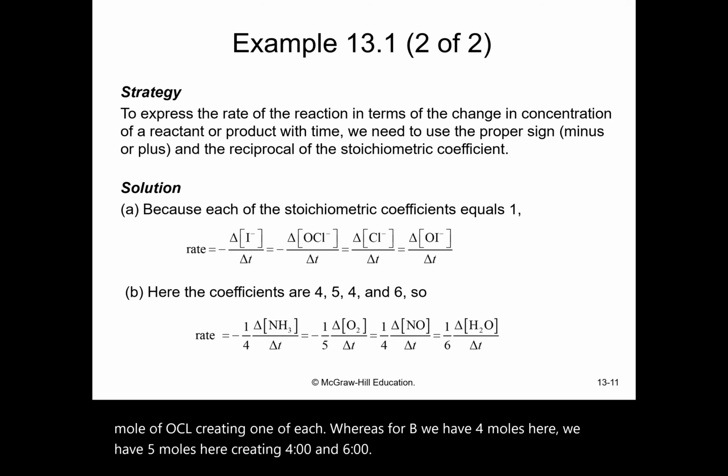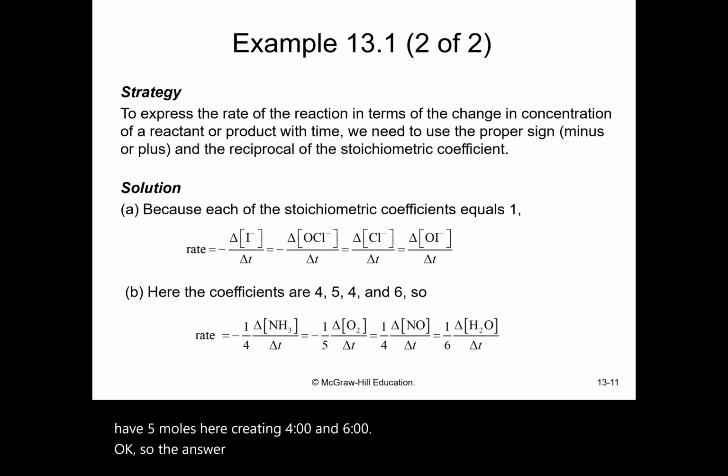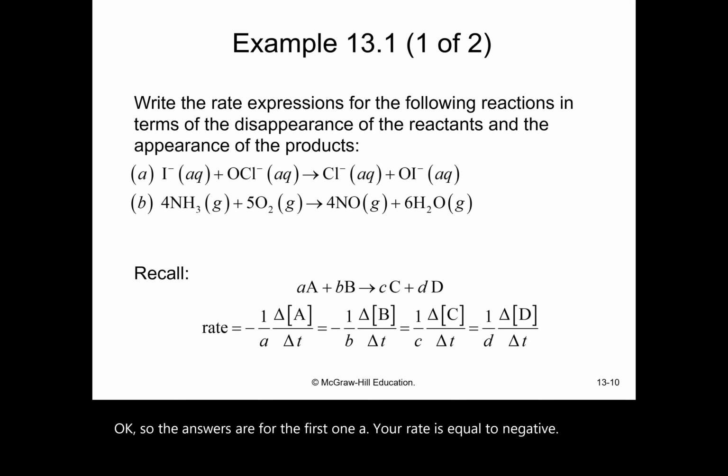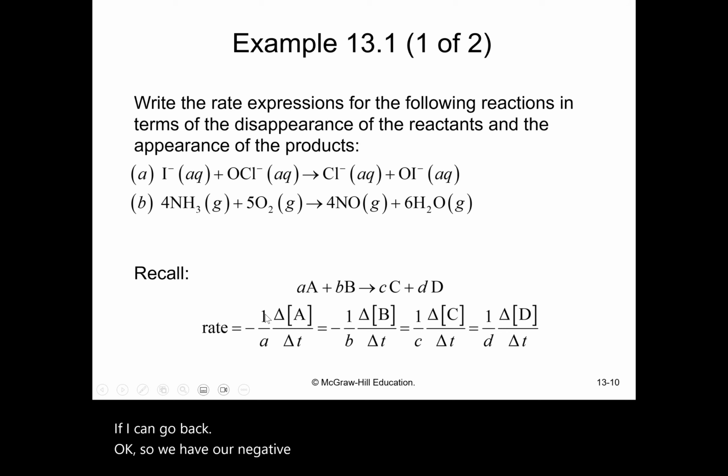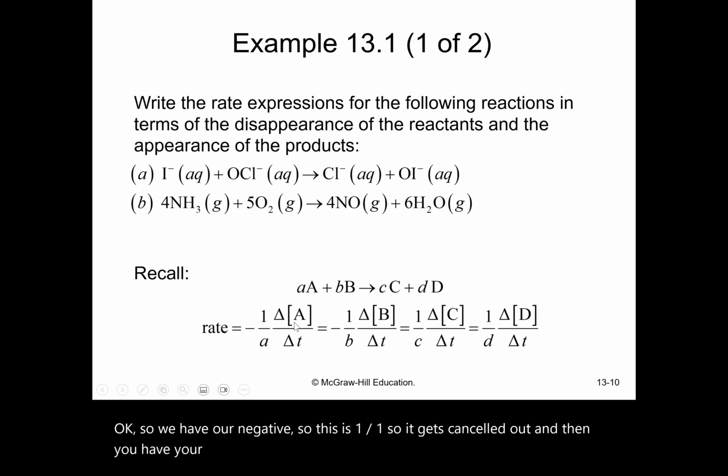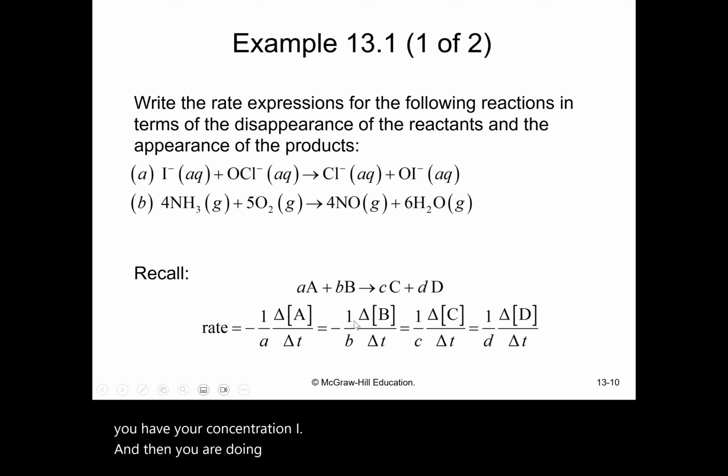Okay, so the answers are, for the first one, A, your rate is equal to negative, if I can go back. Okay, so we have our negative, so this is 1 over 1, so it gets cancelled out, and then you have your concentration of I. And then you are doing B now for OCl minus, it's 1 over 1 again.